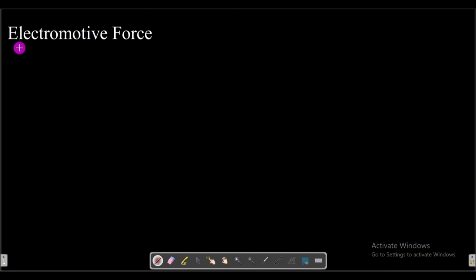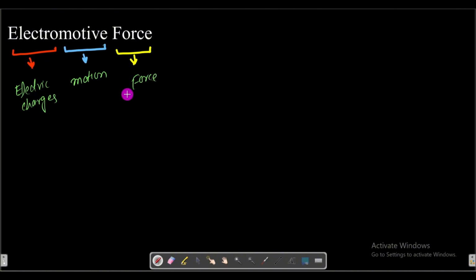The first word is electro, the second word is motive, and the third word is force. Electro means electric charges, motive means motion, and force means force.